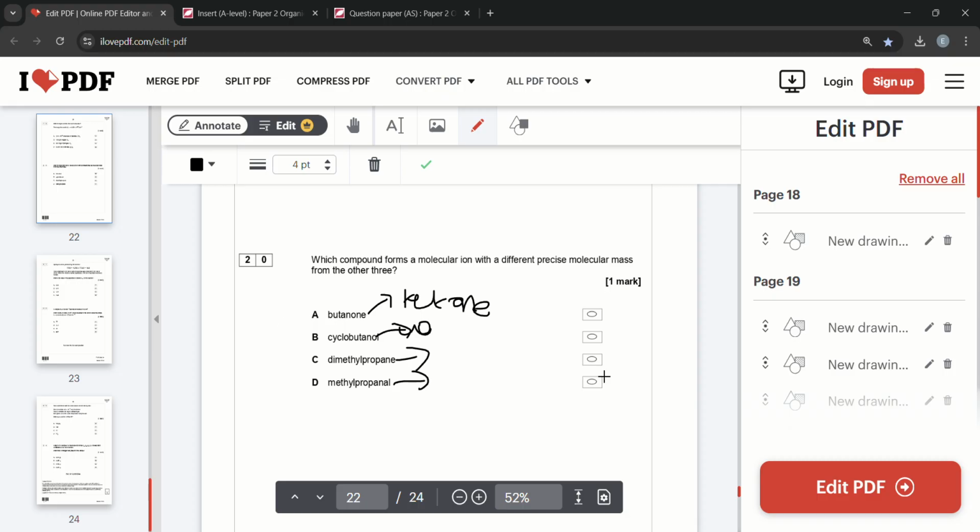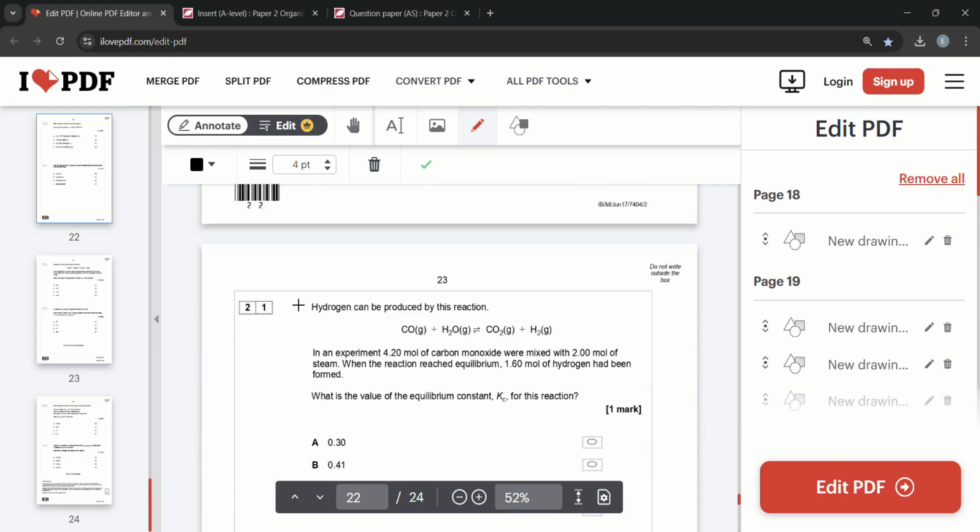So the answer is going to be C, dimethylpropane. It's the only alkane out of the four.